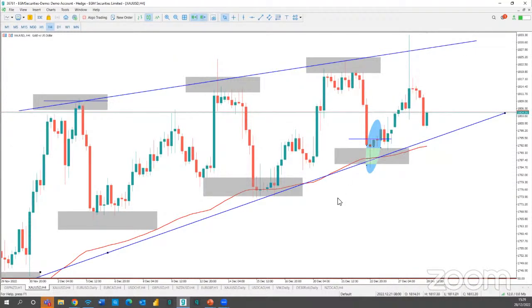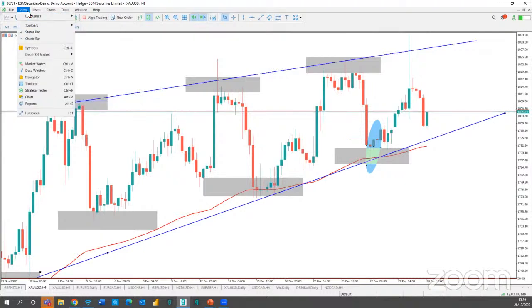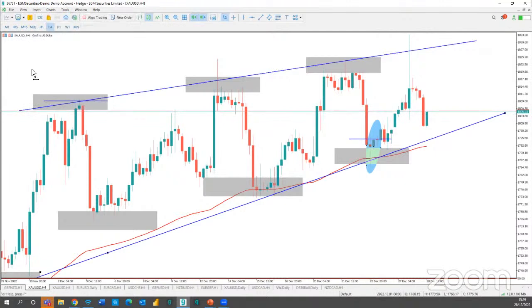So the rules here, because that's what this strategy is. Number one, identify the trend. Once you identify the trend, then number two, wait for the price to come and test that trend.